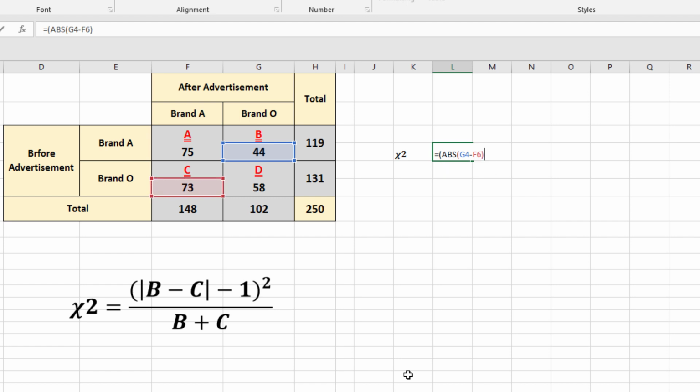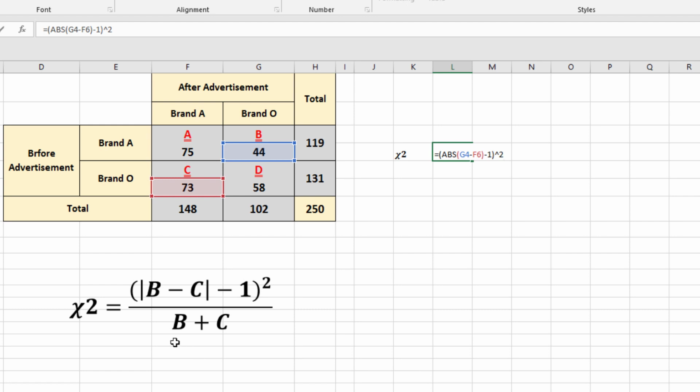Now, the absolute difference between column B and column C, then minus 1, then close the bracket, then square, using this caret symbol, square.